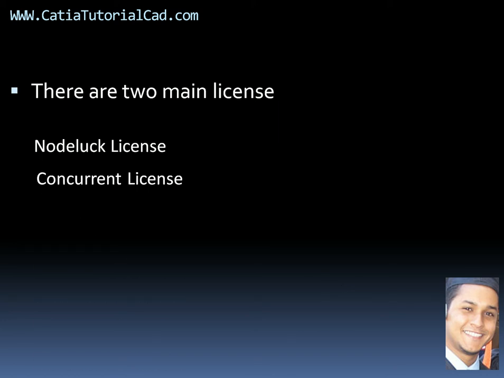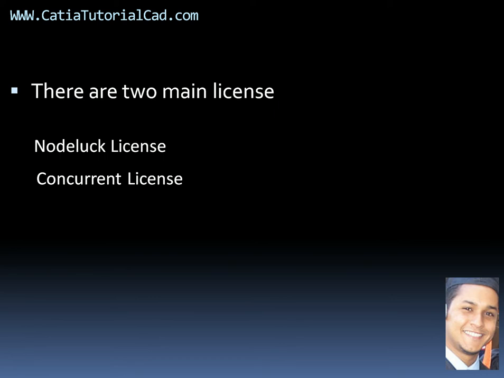And there is another option: the concurrent license, and that's obviously not for students. That's for companies. A concurrent license is like a server license. The company may get a bunch of licenses, like 10 or 20, and they just put them on the server, on the network.